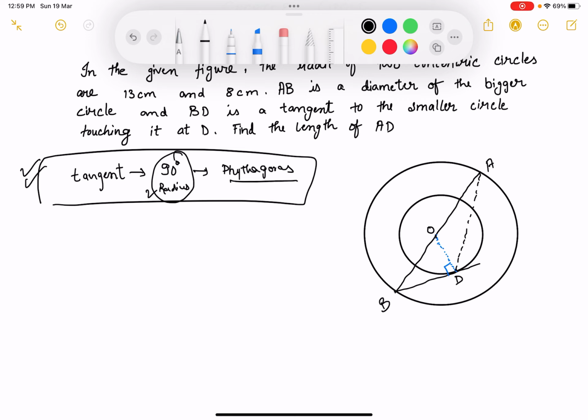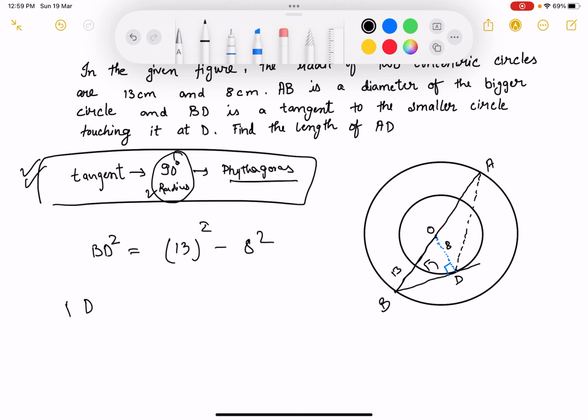So let's do it. So this radius is given to us as 13 centimeter. OD is given as 8 centimeter, radius of the smaller circle. So we can find BD. By applying Pythagoras theorem, BD square is equal to 13 square, this is the hypotenuse, minus 8 square.